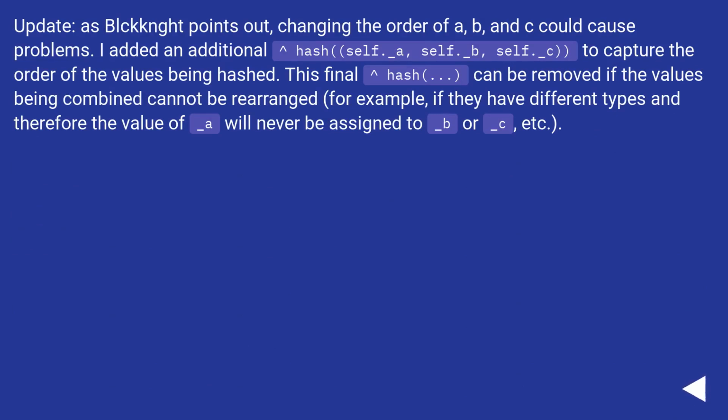I added an additional hash of (self._A, self._B, self._C) to capture the order of the values being hashed. This final hash can be removed if the values being combined cannot be rearranged. For example, if they have different types and therefore the value of _A will never be assigned to _B or _C, etc.